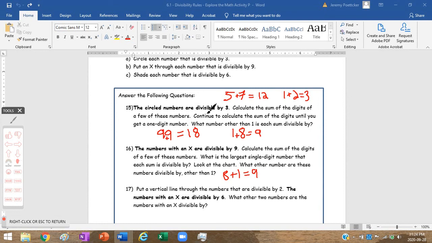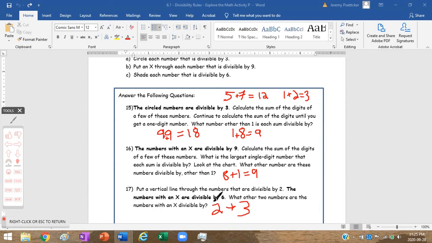And what we're going to find out, and we could do this even with really big numbers, same thing for the 3s, same thing for the 9s, is that if the sum of our digits is divisible by 3, the number itself is divisible by 3. If it's divisible by 9, the number itself is divisible by 9. The cool thing with the 3s, again, is that we can continue adding these up until we get a number that we can actually deal with.